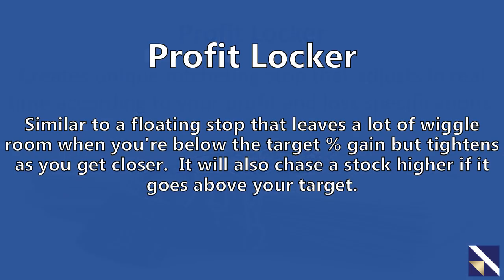As taken from the VectorVest views written by our founder, Dr. Bart DeLito, ProfitLocker is similar to a floating stop that leaves a lot of wiggle room when you're below the target percent gain, but tightens as you get closer. It will also chase a stock higher if it goes above your target.